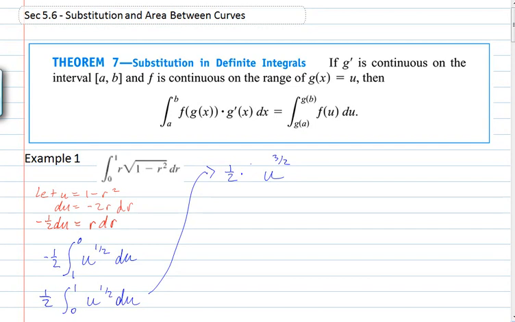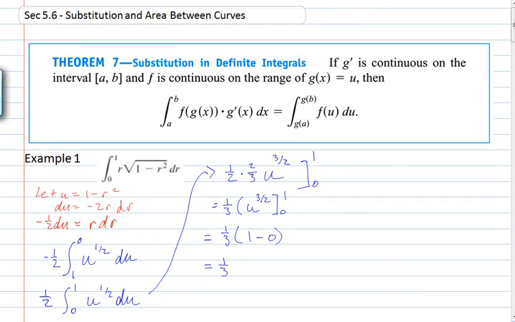Divide by 3/2, you get 2/3. And we're evaluating this from 0 to 1. So this becomes 1/3 times u to the 3/2 from 0 to 1, which is 1/3 times 1 raised to any power is 1, 0 raised to any power is 0. We end up with 1/3.